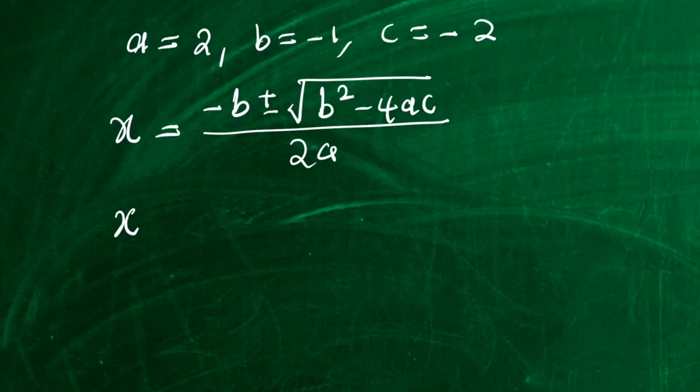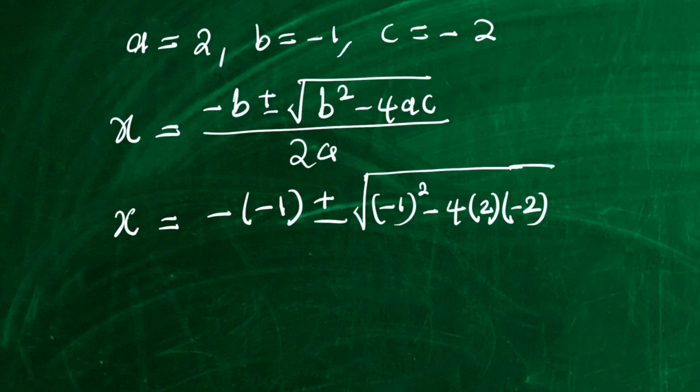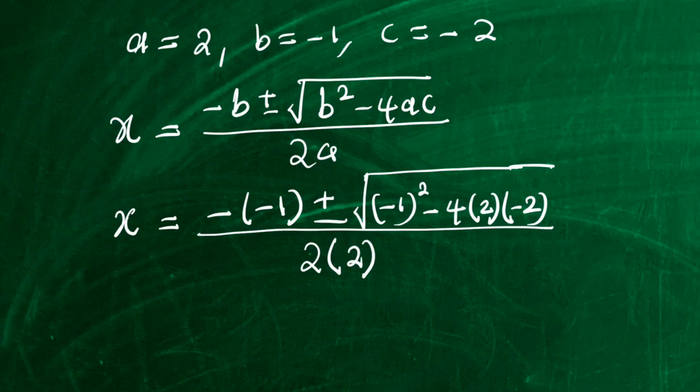So x is negative, in parentheses negative 1, plus or minus the square root of negative 1 squared, minus 4 in parentheses 2 and negative 2. Then we divide throughout by 2 multiplied by a, which is also 2.